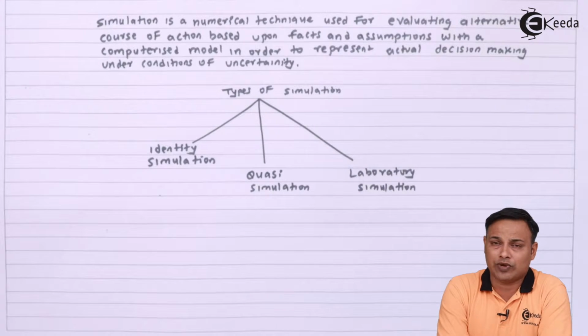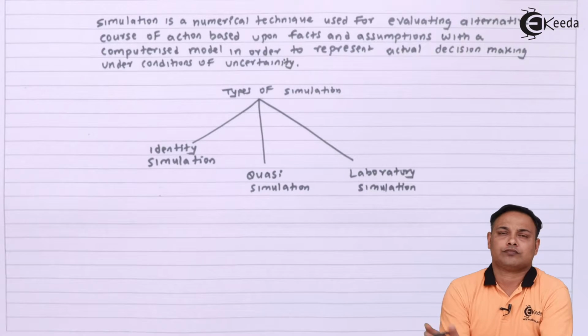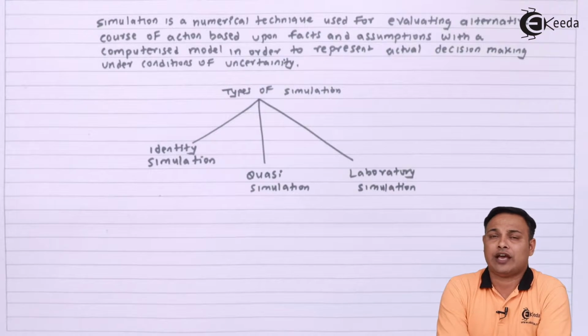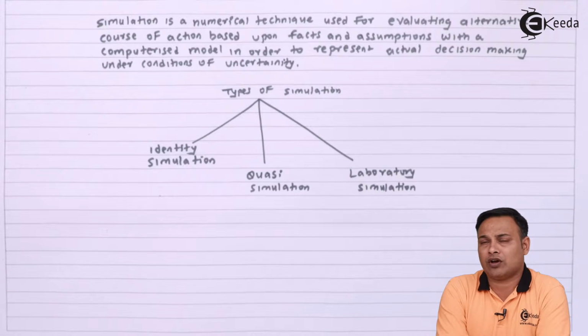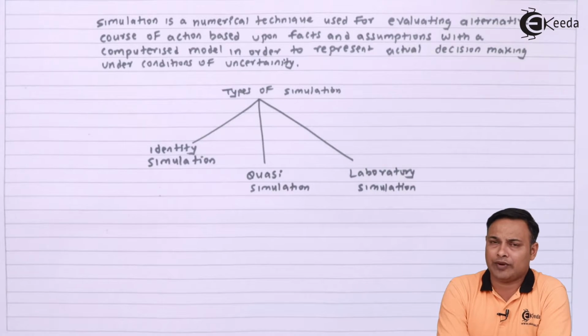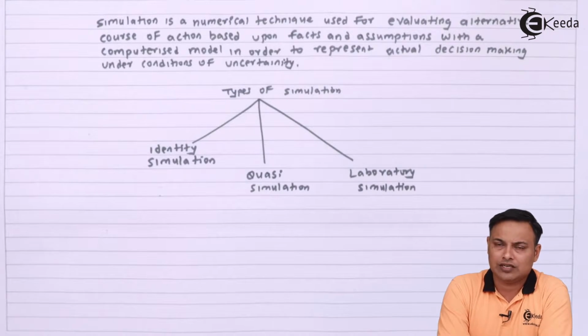I may like to simulate the rainfall based on the climatic conditions. I may like to simulate the average production based on factors like soil, climatic conditions and the seeds. So that is called laboratory simulation. Here simulation is done based on certain numerical methods, but it is limited to a specific area on experimental basis.